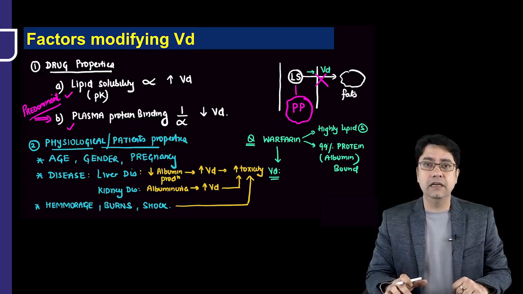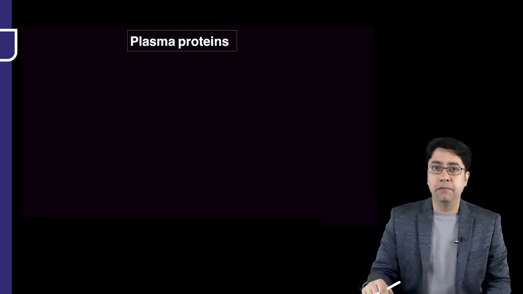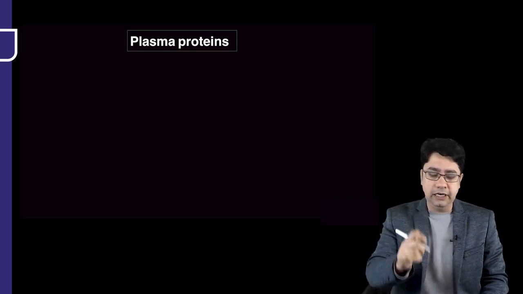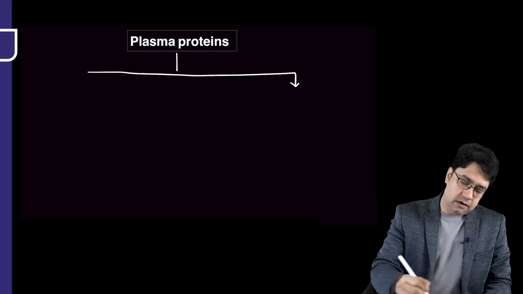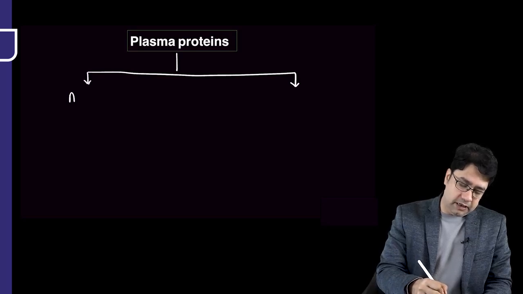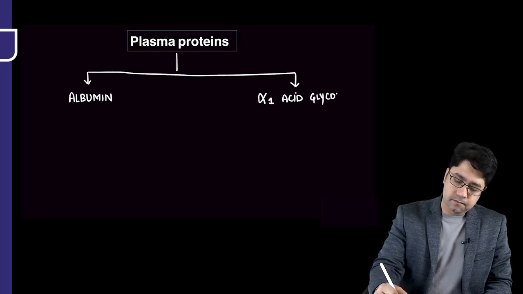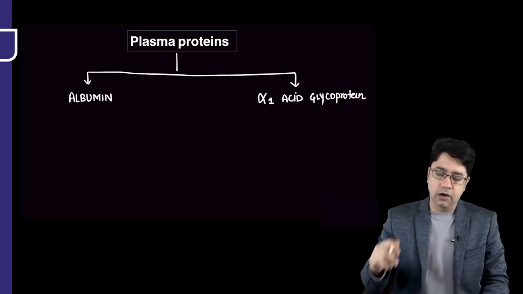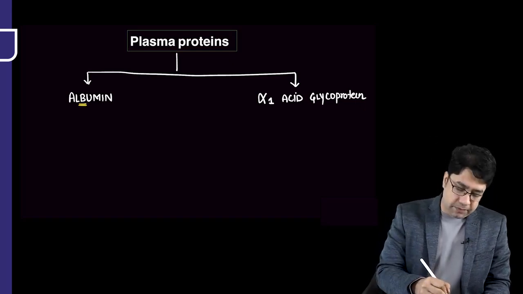Keeping this in mind, let's talk about the plasma proteins. In our blood or plasma, we have predominantly two types of plasma proteins. The first is albumin, and the second is alpha 1 acid glycoprotein. In albumin, you find the B word: albumin is a basic plasma protein.